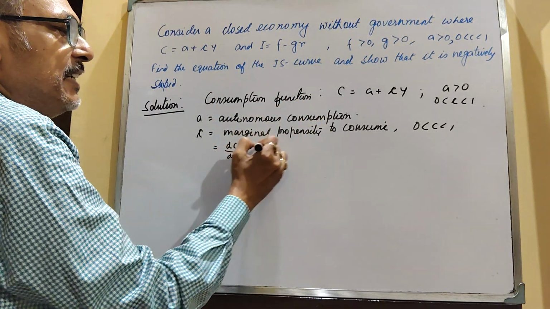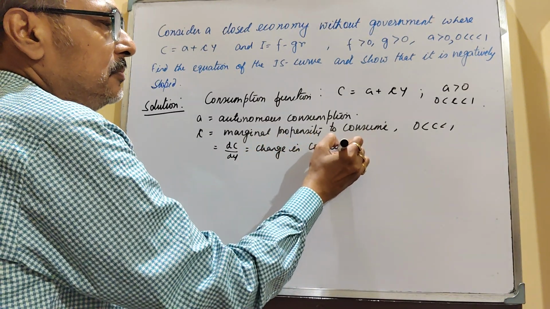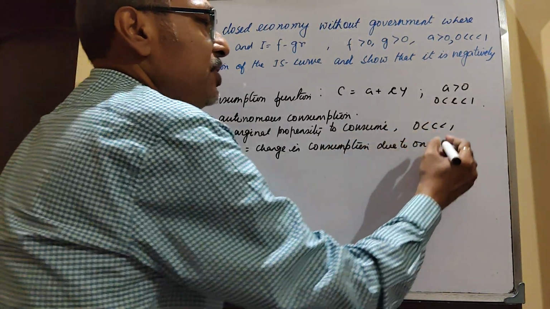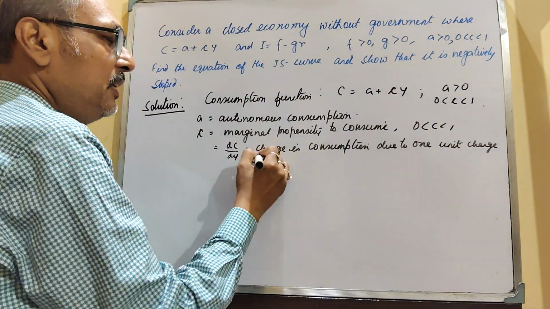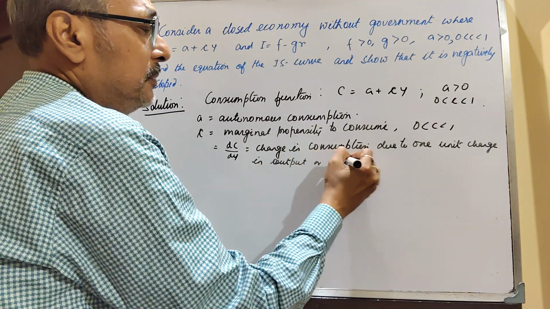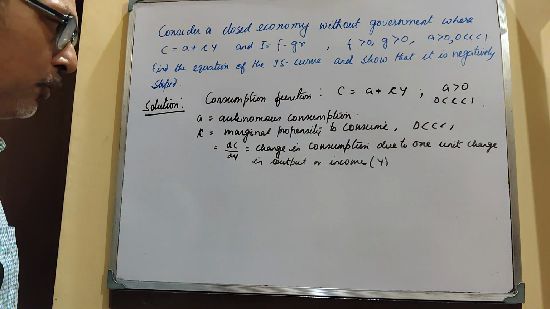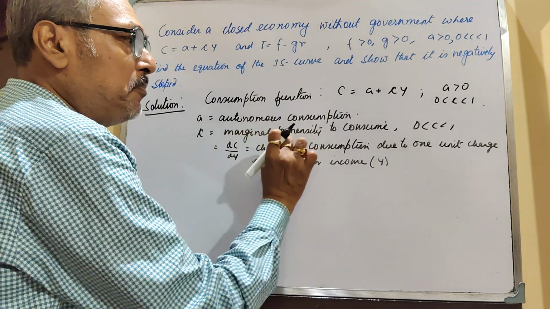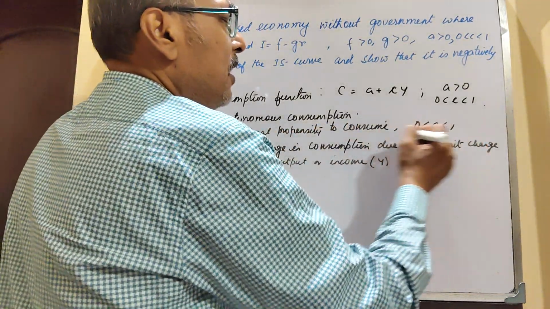That is the change in consumption due to one unit change in output or income, which is denoted by Y. In short form it is called MPC: M for marginal, P for propensity, C for consume.